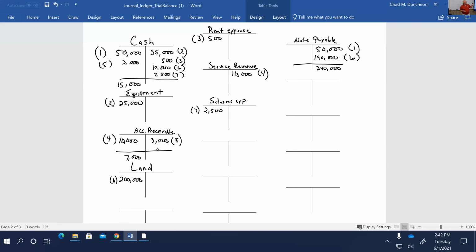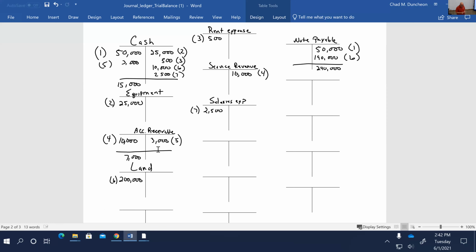From here, if we needed to make a trial balance, we could go through and plug those all in, but the question does not ask for it. You make your trial balance from your T accounts here. That's how you would post them, make journal entries, and then the process is called posting them into the ledger.